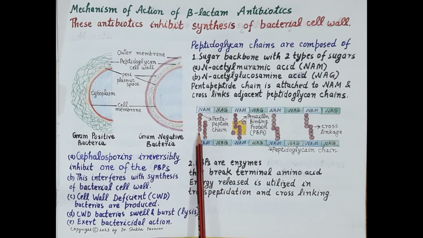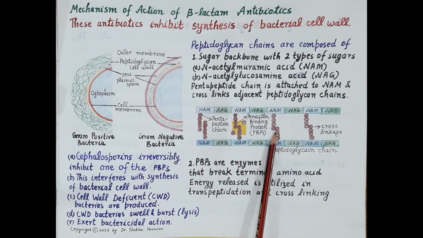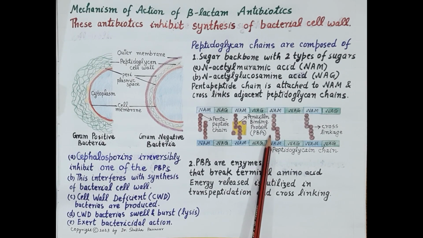A pentapeptide chain made up of 5 amino acids is attached to each NAM sugar. The pentapeptide chain of one peptidoglycan layer is cross-linked with the pentapeptide chain of another layer, and this cross-linking provides strength and stability to the cell wall of bacteria.